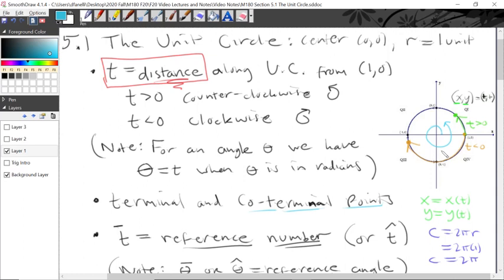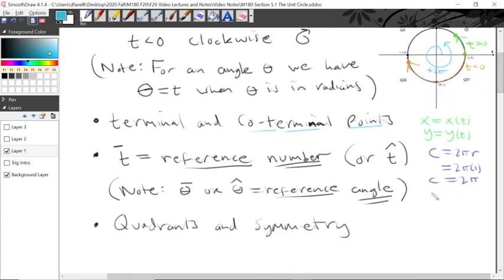So if we were to add 2π to the original value of t, we're always going to return back to the exact same point again in the circle. And 2π is the smallest value that you could add to t, such that you would return to exactly the same point. So the period for the coordinates x and y, the period for those functions would be 2π.